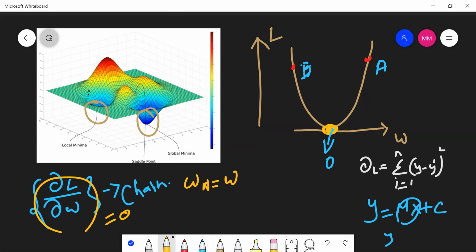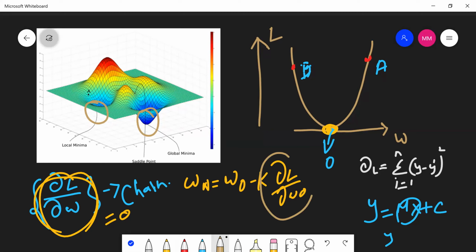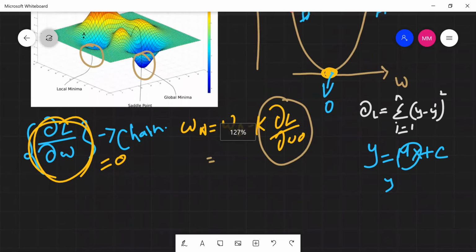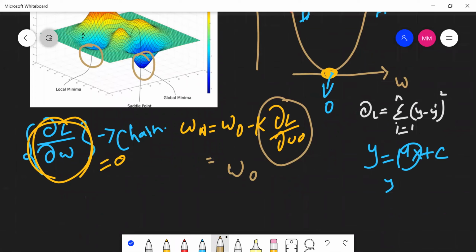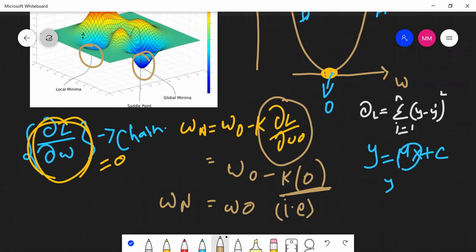W new is equal to W old minus learning rate times the derivative of loss with respect to the old weight. This derivative is zero, so this part obviously becomes zero. W old minus K multiplied by zero: if any number is multiplied by zero, this portion will also be zero. Then W new is equal to W old, right? That is, we have reached our global minima.